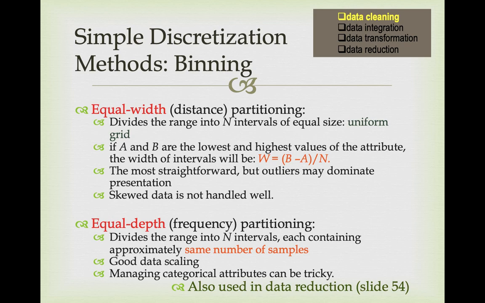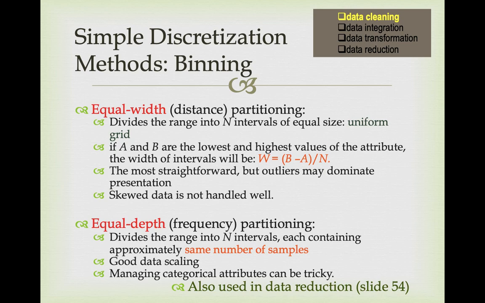If A and B are the lowest and the highest value of the attribute, the width of intervals will be W = (B - A) / N, where W is the width of the interval, B is the highest value of the data minus the lowest value A, and then we divide by the number of intervals N. This is the most straightforward, but outliers may dominate presentation. Skewed data is not handled well. That is for equal width.